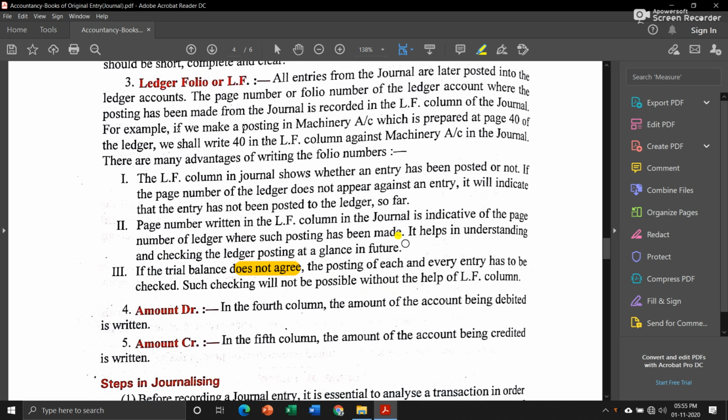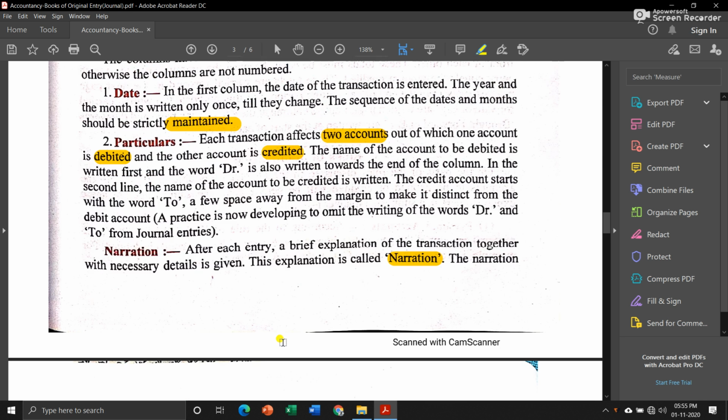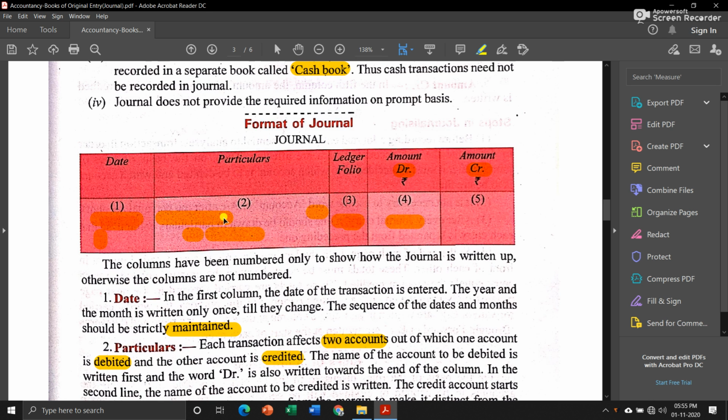Then the fourth column is amount debit. In the fourth column, the amount of the account being debited is written. Suppose the account which was debited had an amount of 50,000, then you will write 50,000 in this debit column.